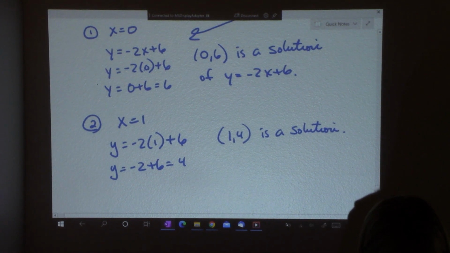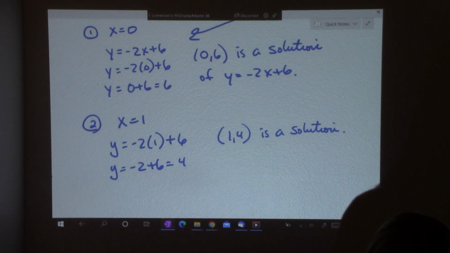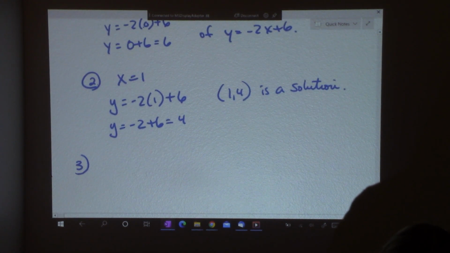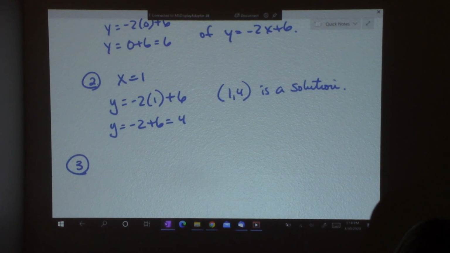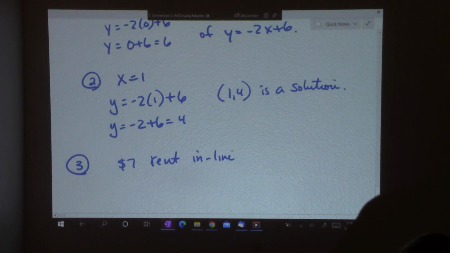All right. Okay, we're going to do one word problem, which is number 3 here. I'll read it out loud. At a sports store, it costs $7 to rent inline skates. Have you ever rented inline skates? I think those are the ones that have 4 in a row.